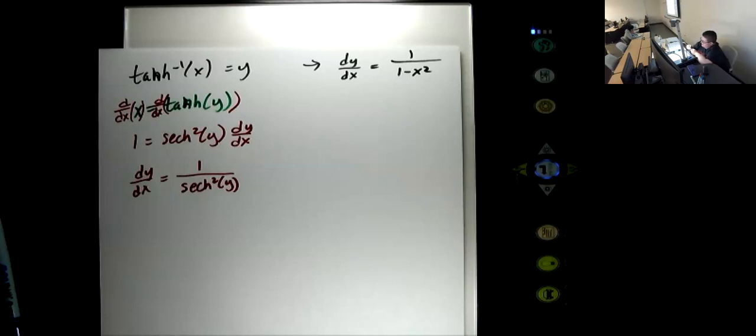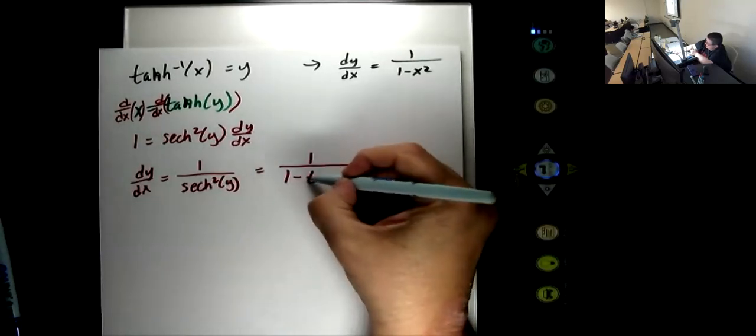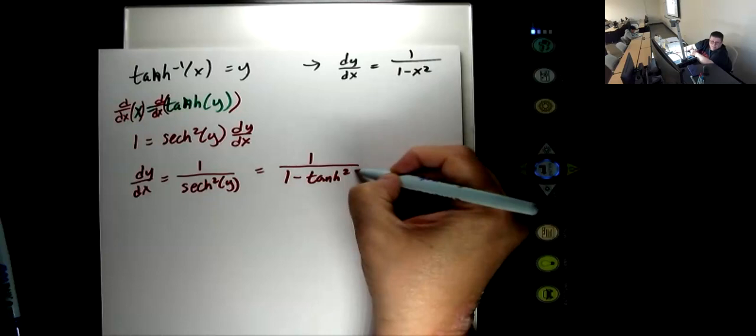And we're going to use the trig identity here. This is 1 minus tanh squared y.